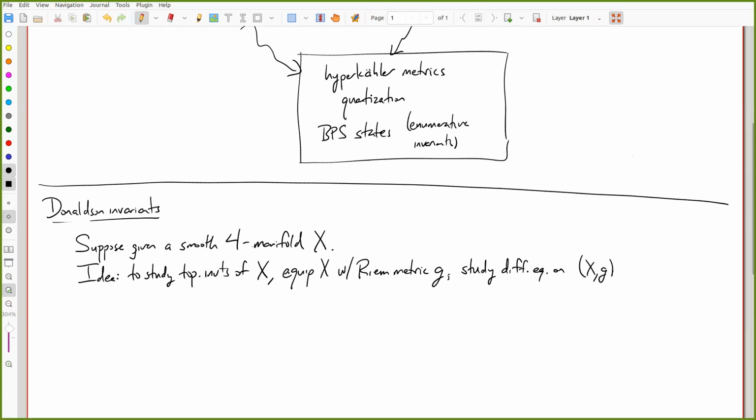So what's the most basic example of that? The baby example, but a very beautiful example, is to consider the Laplace operator acting on differential forms on X.